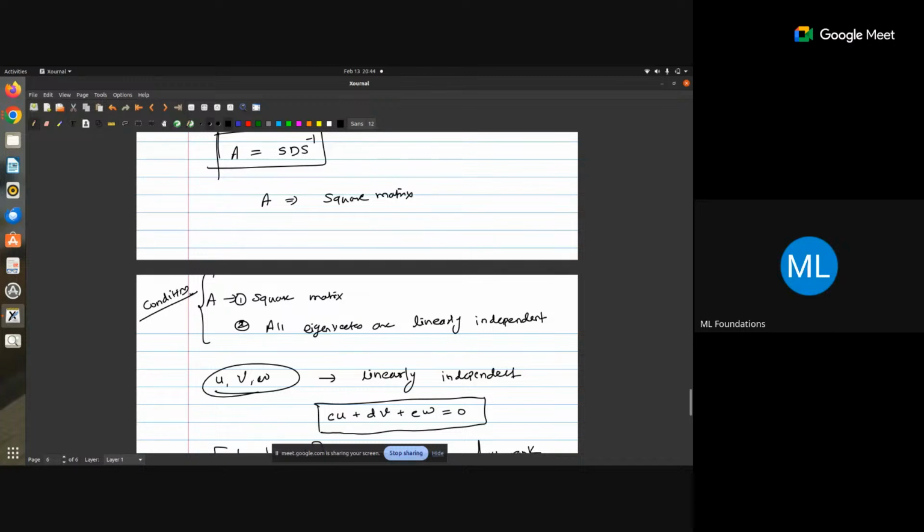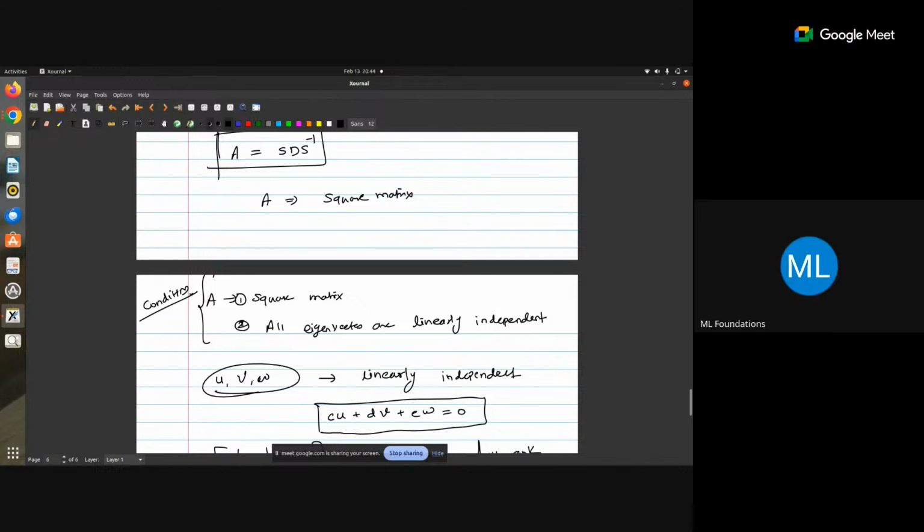If the matrix A has distinct eigenvalues, then it is definite that A is diagonalizable, right? If it has repeated eigenvalues, then you will have to check whether the eigenvectors are independent or not. In that case, maybe or maybe not. Yeah, correct. But if the eigenvectors are linearly independent, then all the eigenvalues will be distinct.